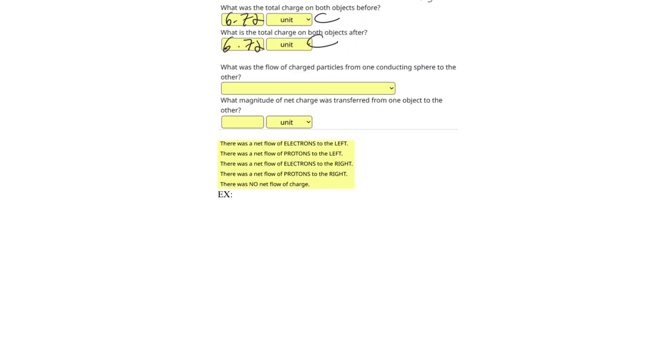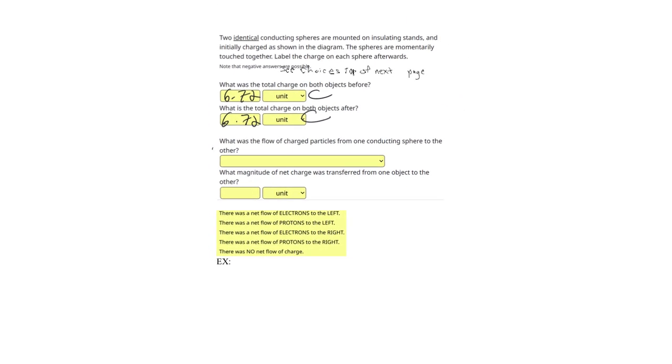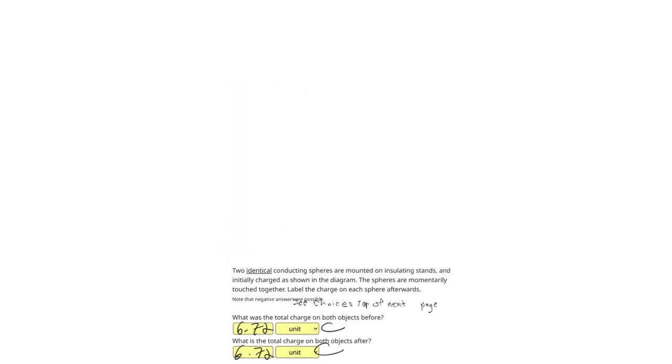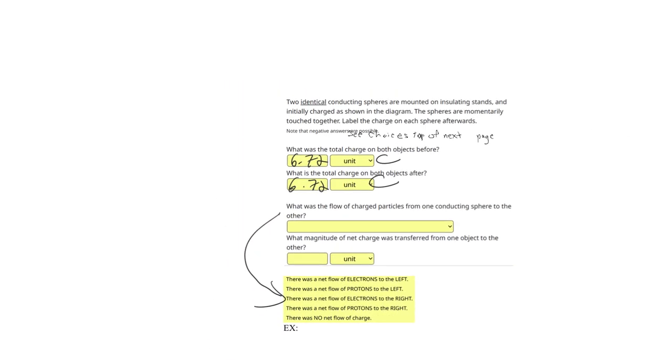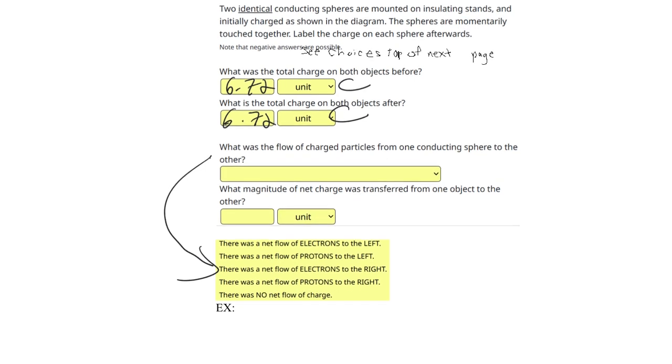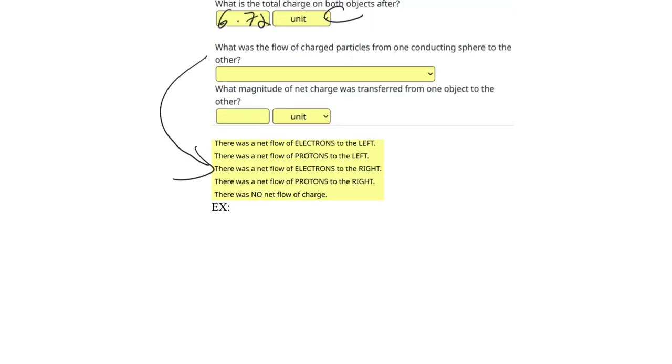Okay, so here's the answers right there. Okay, so it's from the more positive one. Okay, so let's go back. So there's a net flow of electrons to the right, from the more negative one.